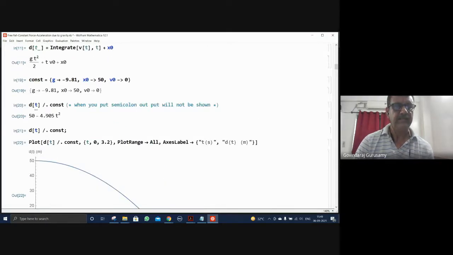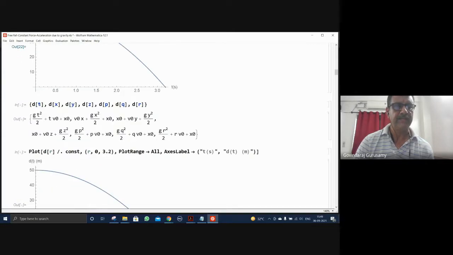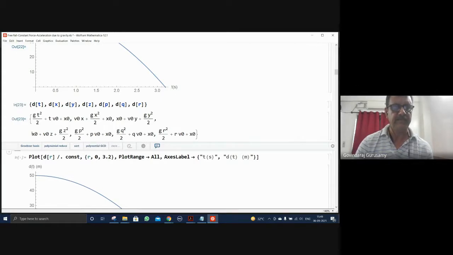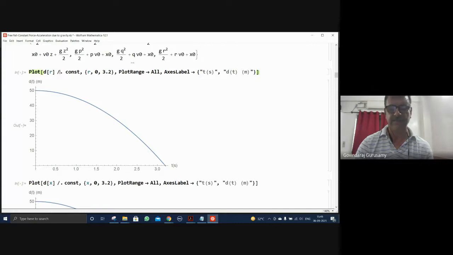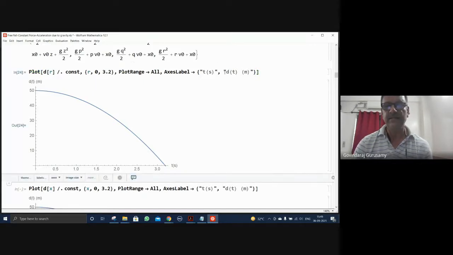As I said, for d of t, I can use any variables: t, x, y, z, or p, q, or whatever you like, and it's going to be the same thing with the corresponding variables in each equation. We have seen that enough. We can plot it again with d of r. I'm getting the same thing, but since this is already defined as time and displacement, only the variables will be taken for plotting or calculation purposes.